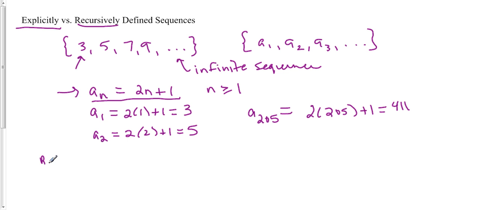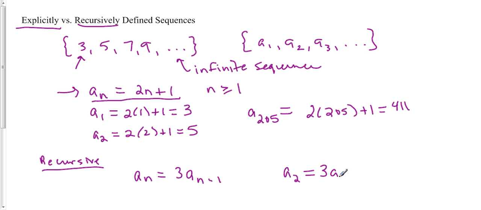So if we talk about recursive, let's say that my general term a_n is equal to 3 times a_(n-1). If I want to figure out what the second term in my series is, then I substitute in n equals 2, and that's going to be equal to 3 times the a1 term.